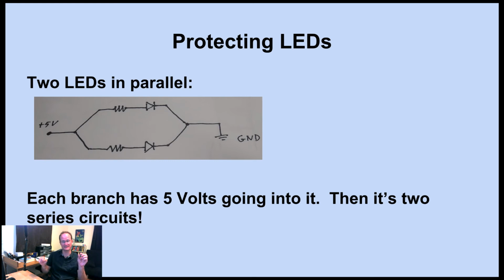So each of these branches sees 5 volts going into it, and then thankfully we can just forget about the fact that it's a parallel circuit and treat them as independent series circuits. And that's actually not too bad, right? Because then we just apply Ohm's law, we solve for the resistance we need, we put that resistor value there, and then we move on.